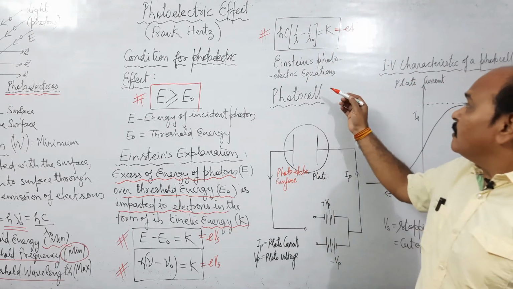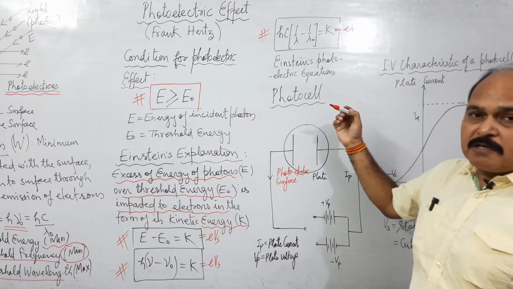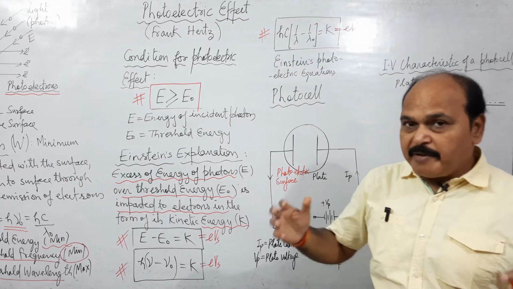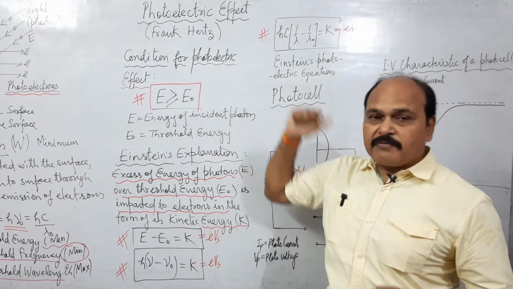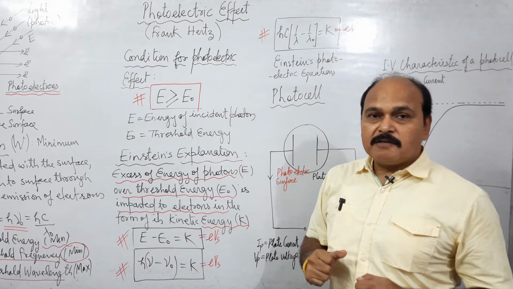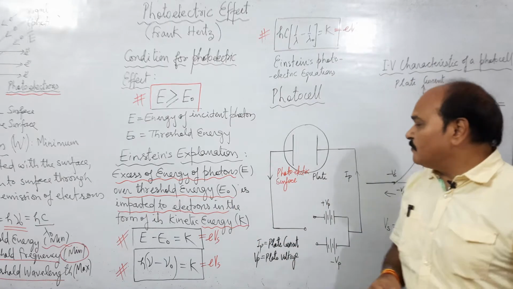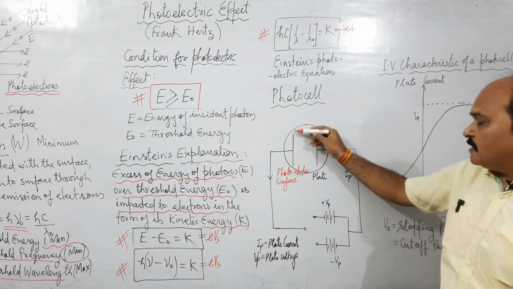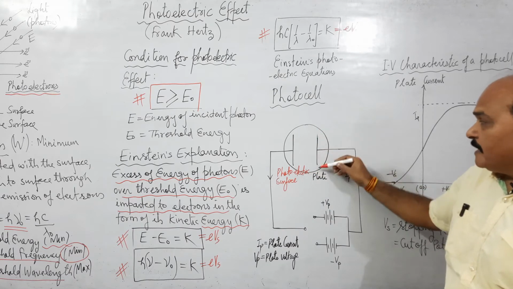Well, what is a photocell? Children, a photocell is a device through which we can make good use of the photoelectric effect. And what is there in a photocell? In a photocell we have a photoelectric surface, and right close to it we have a conducting plate.